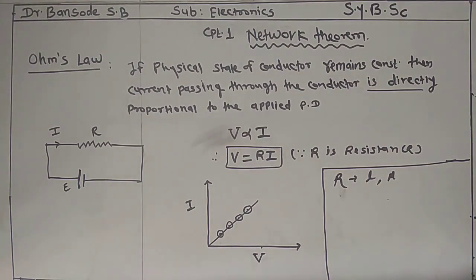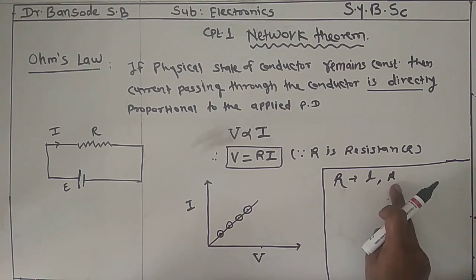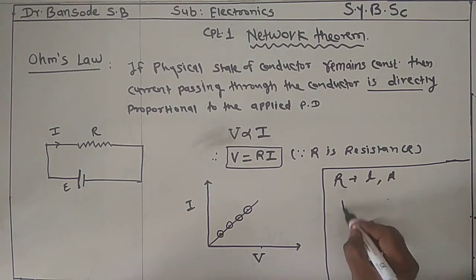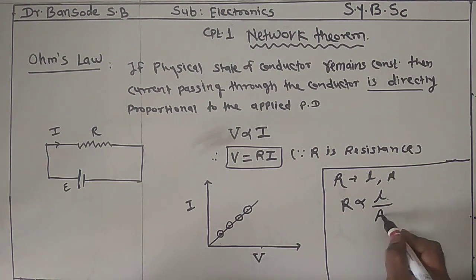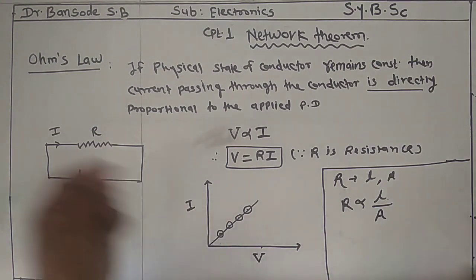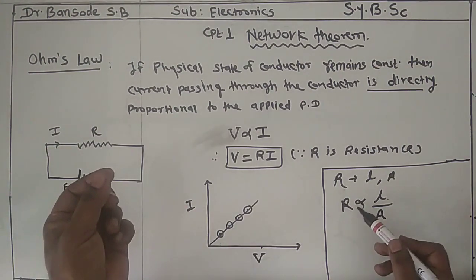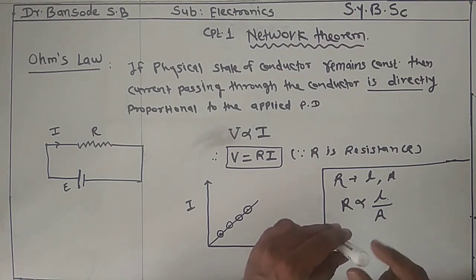So what is the relation between resistance, length of conductor and area of cross section? So this relation is like this: resistance is directly proportional to the length of conductor and inversely proportional to the area of cross section. Means if length of conductor increases, resistance also increases, or vice versa. If the area of cross section of conductor increases, its resistance decreases.